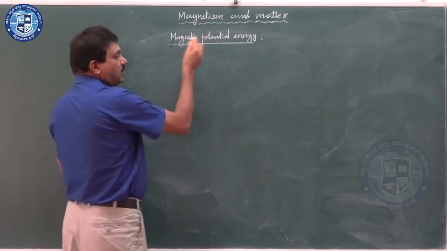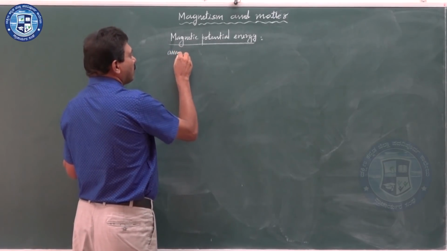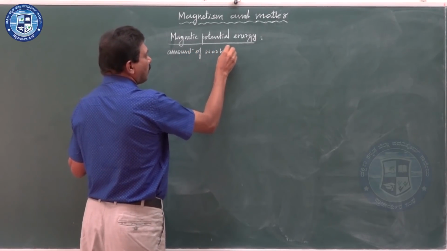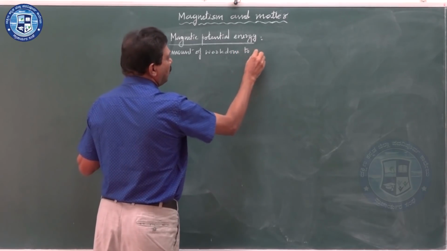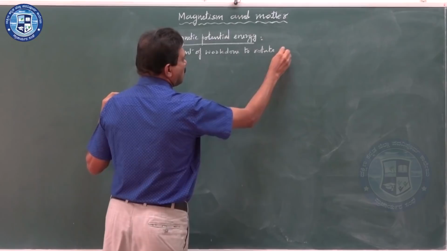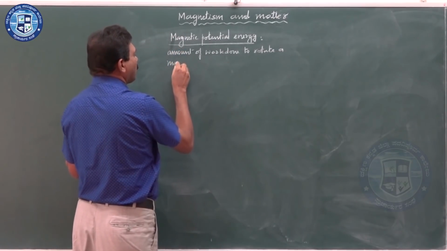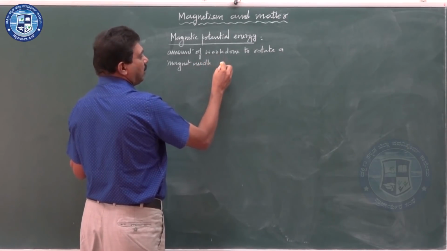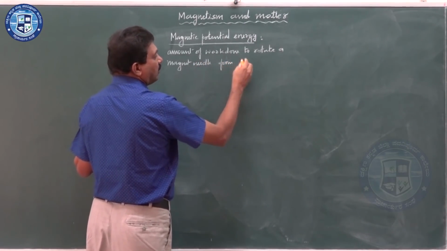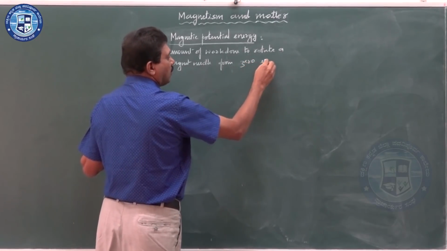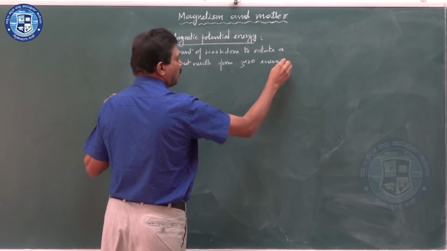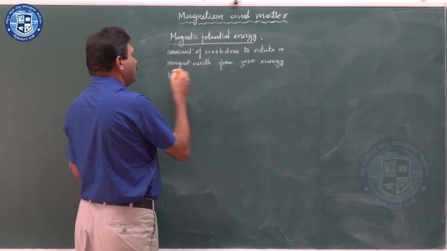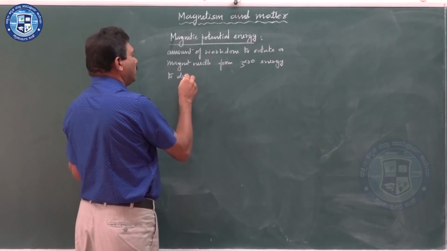What is magnetic potential energy? It is the amount of work done to rotate a magnetic needle or rotate a magnet from zero energy to the desired position. From zero energy it should start, and go to the desired.